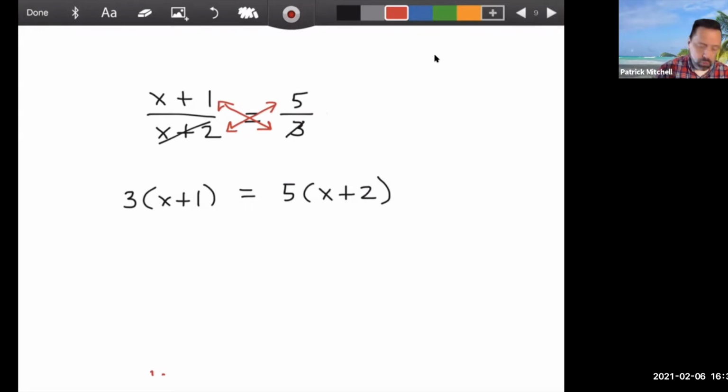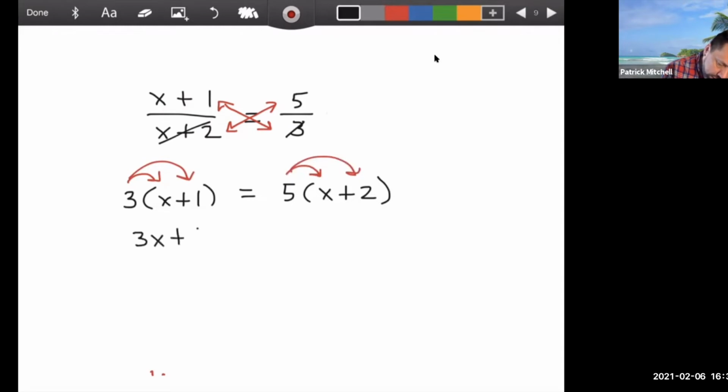All right, and now, of course, it's very easy. This is just a linear equation. We're going to distribute the 3 and distribute the 5, and that's going to give us 3x plus 3 equals 5x plus 10.